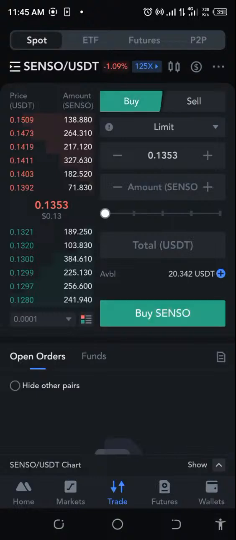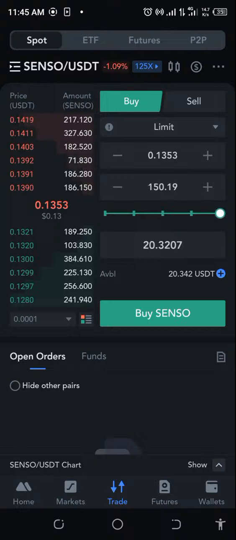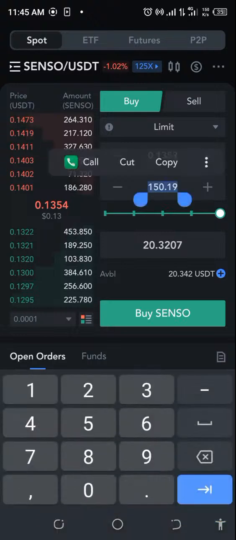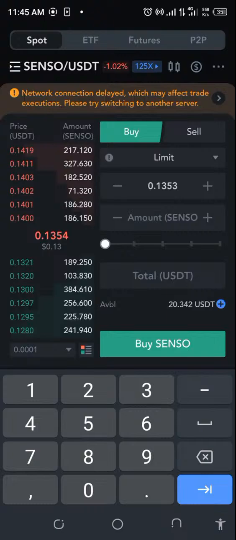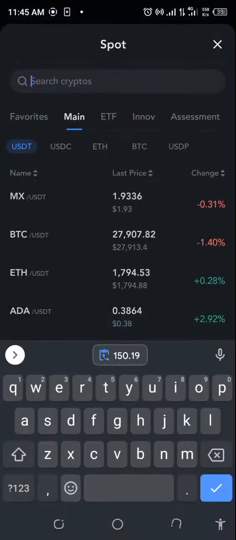Maybe that would be a better option. You can see now it's gone down to 150.19. Okay, so let me copy this, cut that, and then go to Senso ETH.